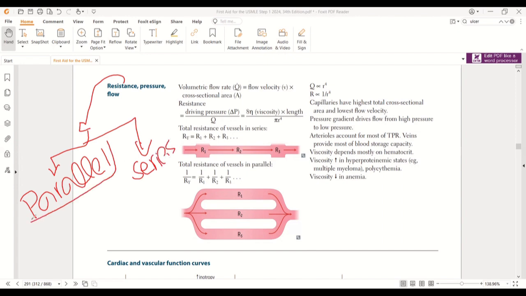So what happens in parallel arrangement of the resistance? The total resistance of the vessel decreases. In parallel, the total resistance decreases.